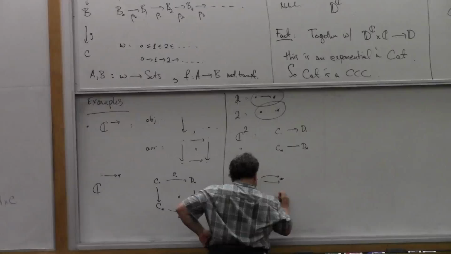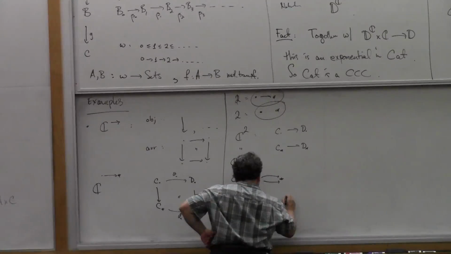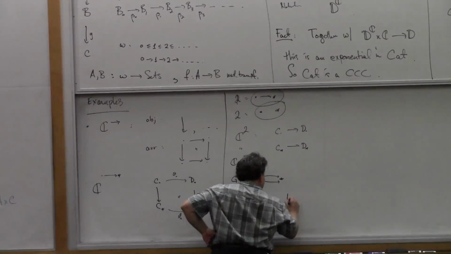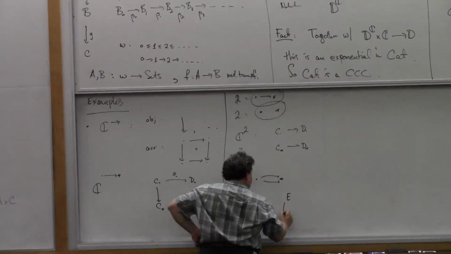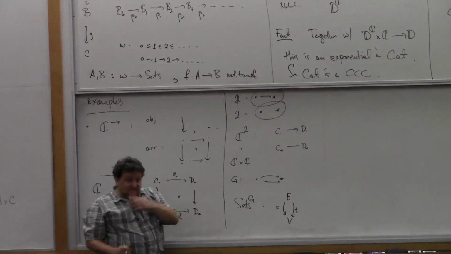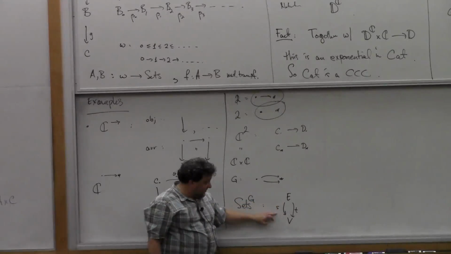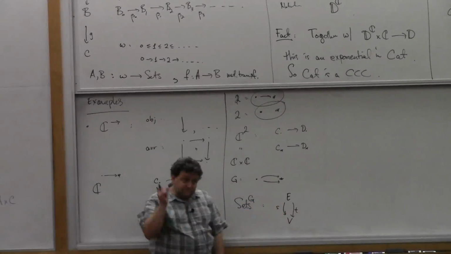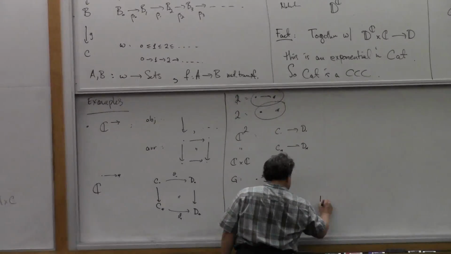Well, that would be a pair of sets. Let me call them suggestively the edges and the vertices, and two arrows, call them the source and the target. So that's just a graph, right? It's a set of edges, a set of vertices, and each edge has assigned to it a source and a target. And another one would be another such thing.